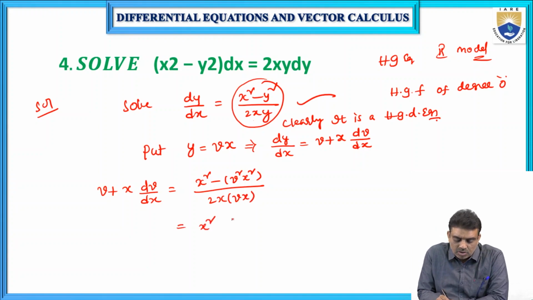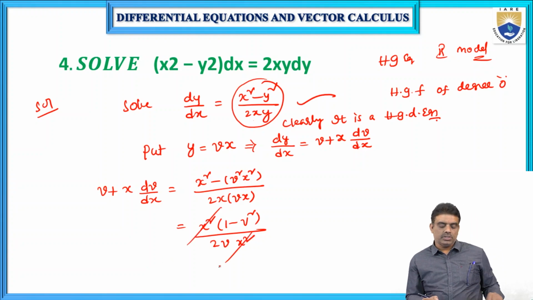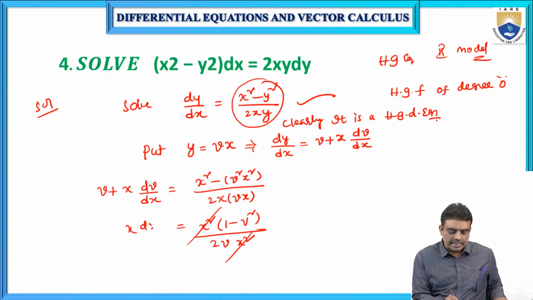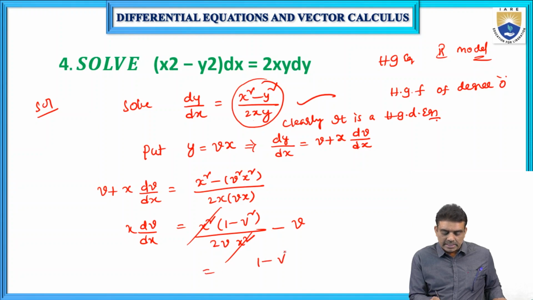So taking out x square in the numerator, 1 minus v square by 2v x square, and the x square gets cancelled. Here x dv by dx, and it is minus v, and that is 1 minus v square minus 2v square by 2v.